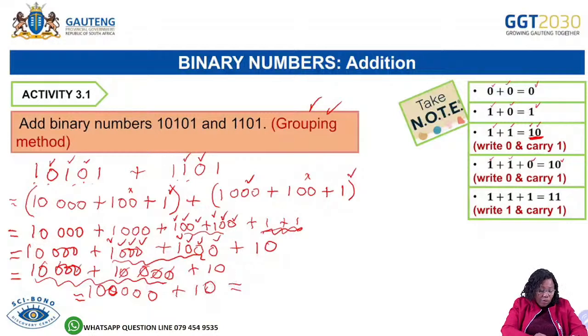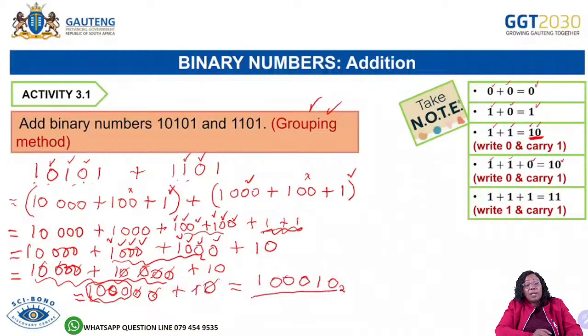And then this will be 0 plus 0, which is a 0. And then 1 plus 0 is a 1. And then we have this value here. We can just bring it here. It's how many zeros? 1, 2, 3, and a 1. So that is the sum of that binary number. This is the first method that we can use, of grouping.